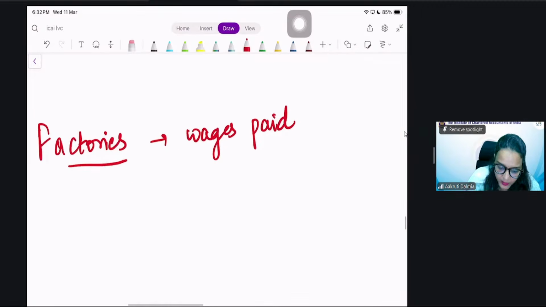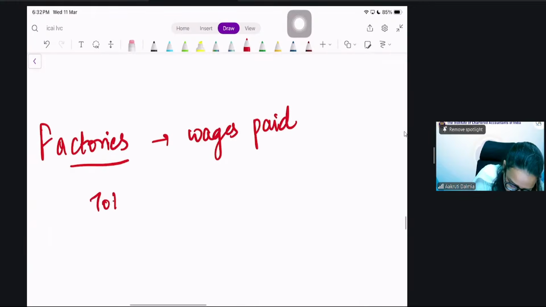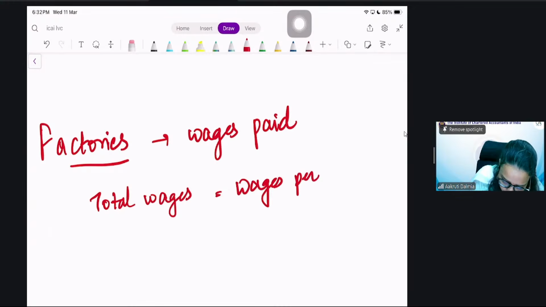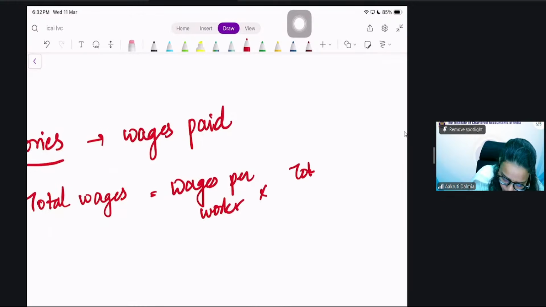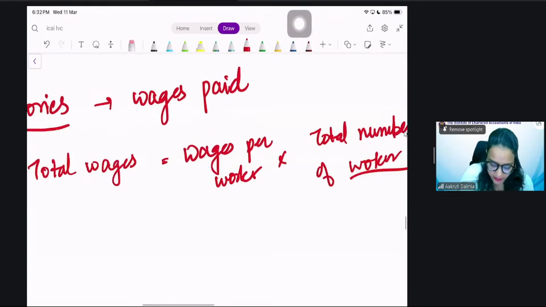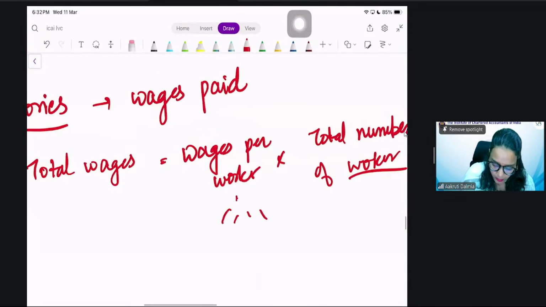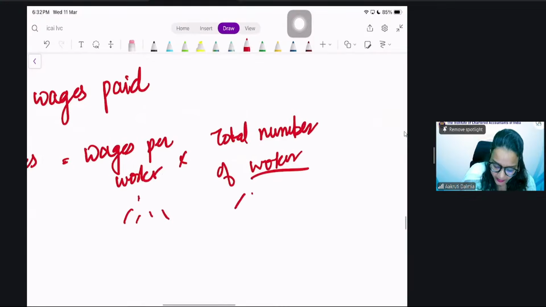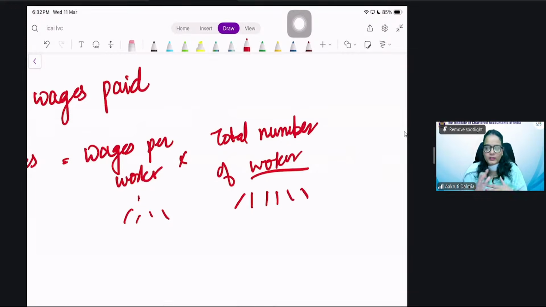The analysis that we can do here is we can take total wages equals wages per worker into total number of workers. Of course, in real life, you will have to divide this into different types of workers, then different categories of workers. All this work you have to do.